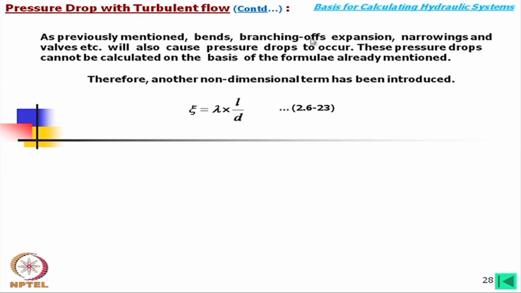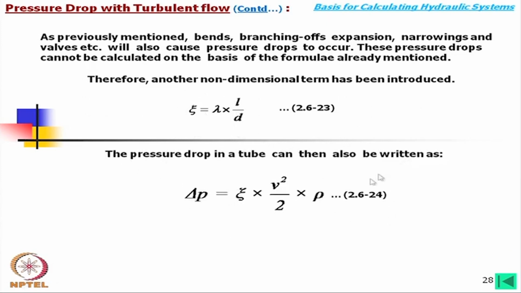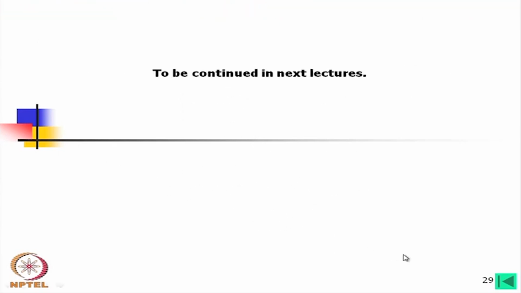For special cases such as bends, narrowing, branching, etc., we have to consider another factor. With this factor, if you calculate this value and the velocity is there, from that you can calculate the pressure drop.